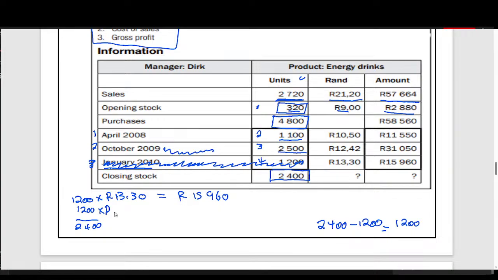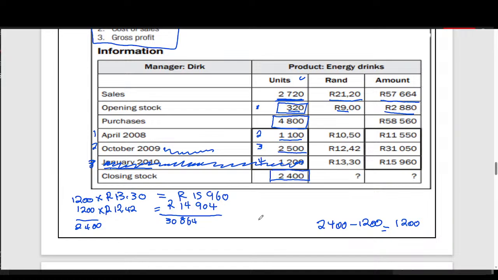So how much was the unit price? The unit price was 12 rand 42 cent. So we're going to say 1,200 multiplied by 12 rand 42 cent, and that gives me 14,904. So the value of the stock that was not sold is going to be 30,864.